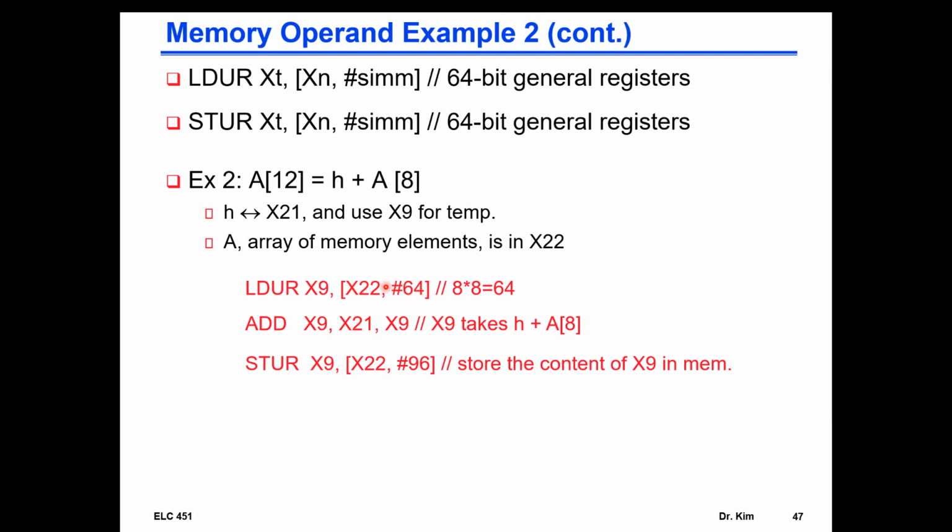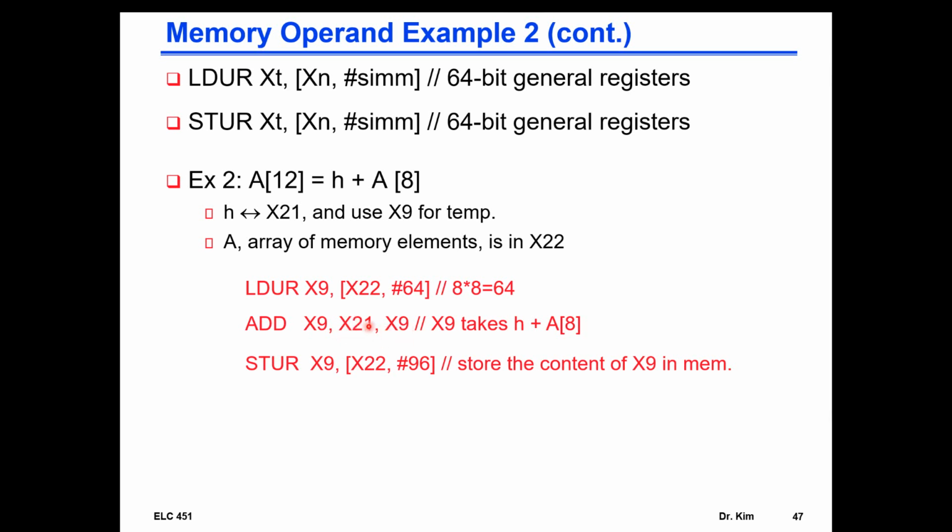We add those two, and the 8 bytes starting at that address are going to go into register 9. Then if we assume that register 21 has the value of h, we do the addition and put the result in register 9. Notice that the destination can be one of the sources.